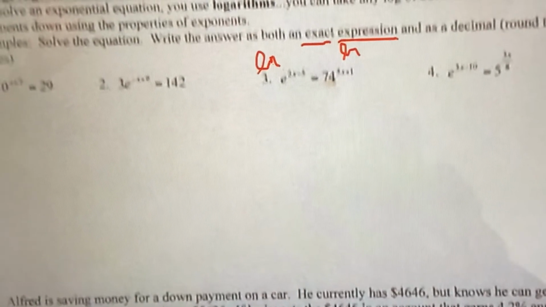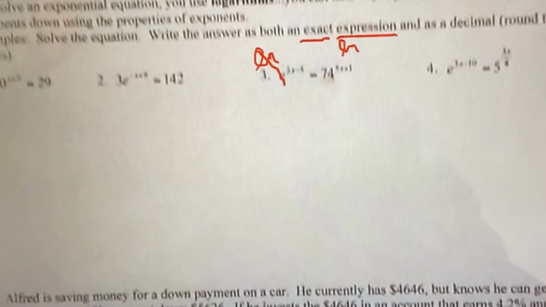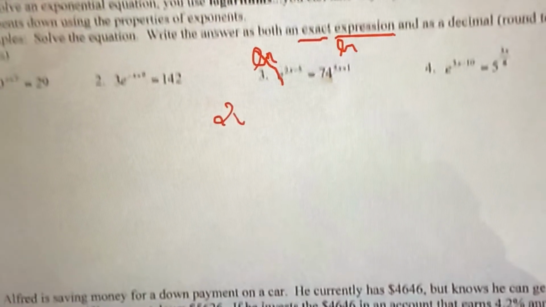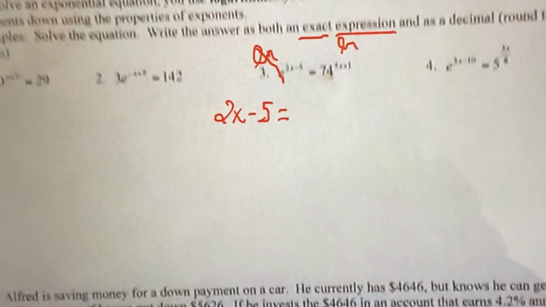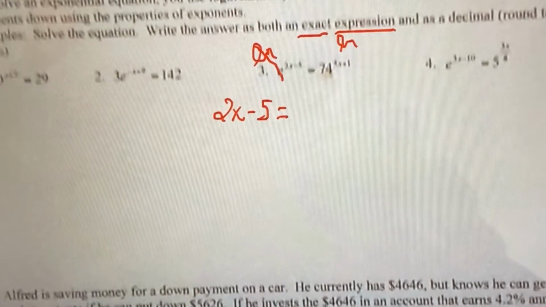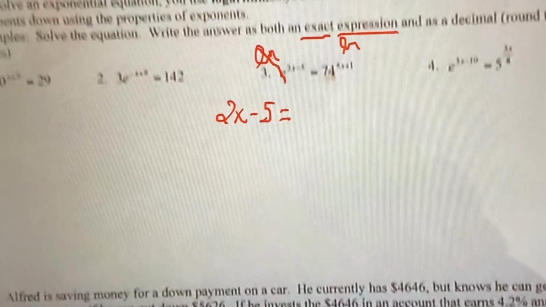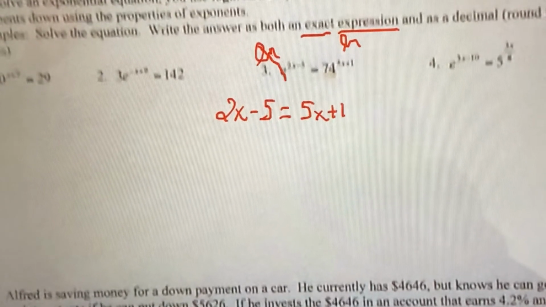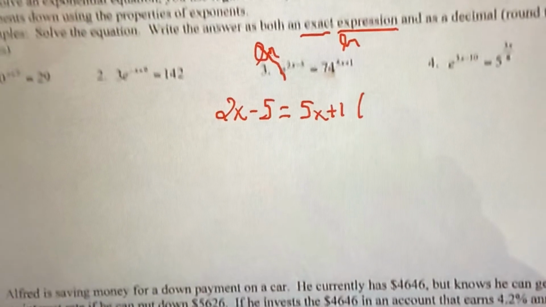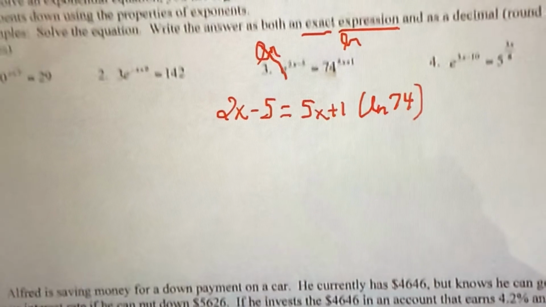And in doing that, this cancels, and the 2x minus 5 just drops. And then when I take the natural log of the right-hand side, 74 to the 5x plus 1 power, remember the exponent comes down in front. So 5x plus 1. And then I've got the natural log of 74.